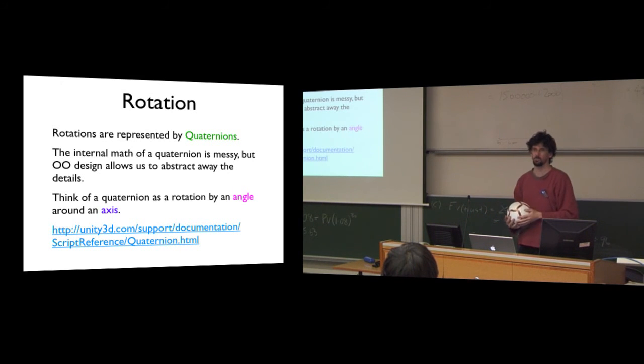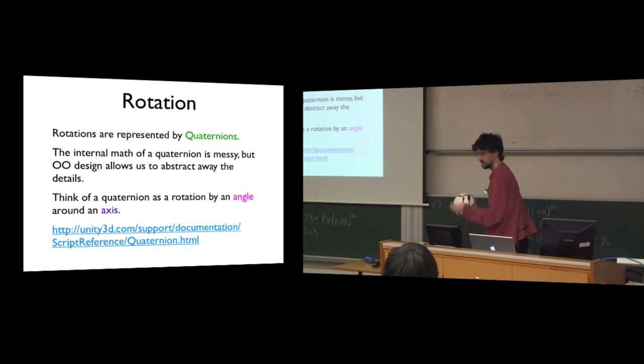What you want to think about is that for every rotation, we pick an axis, a vector pointing out that way, and we pick an angle that we're going to rotate it, say 180 degrees, and that's a quaternion. There's a different quaternion for each axis and angle. Every axis that we pick and every angle that we rotate gives us a different quaternion.